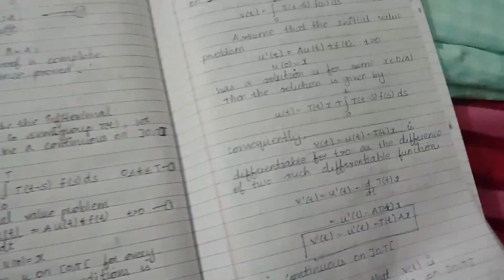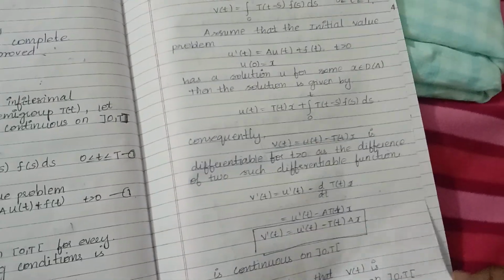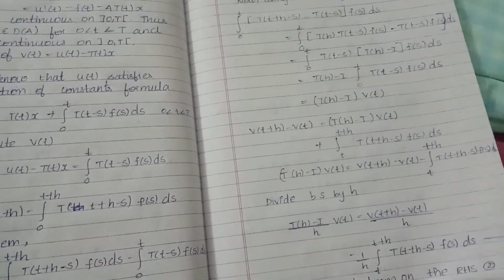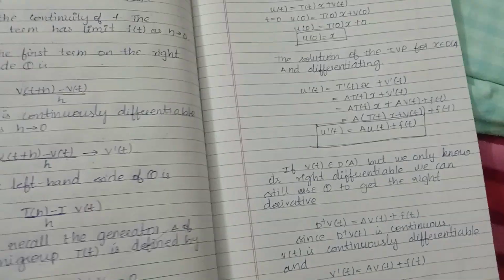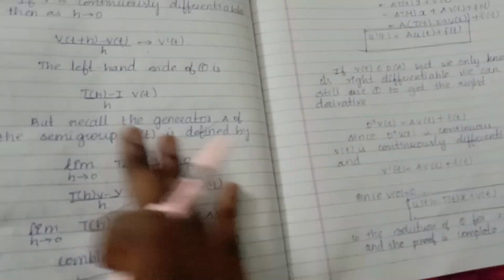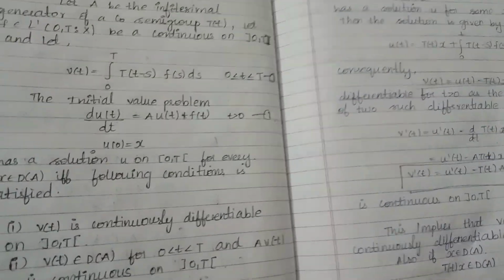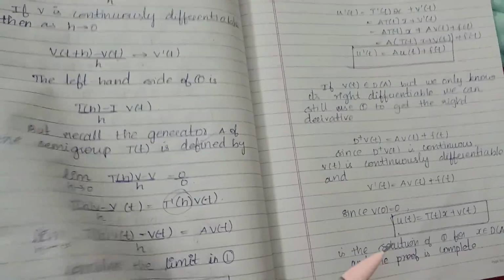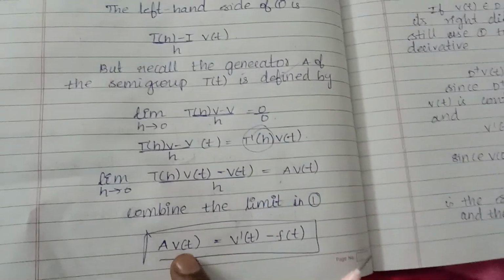What is the limit here? Combining the limit, this one gives A times v of t, which equals v dash of t minus f of t.